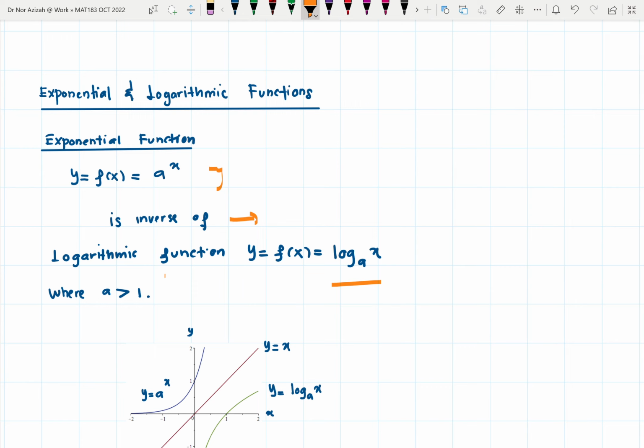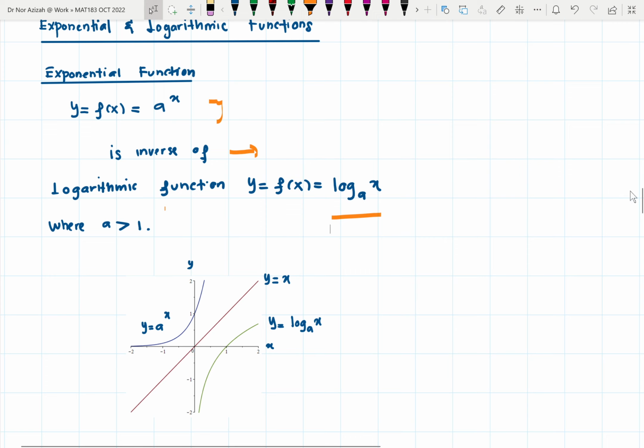So if you have y equals a^x, when x equals 0, you will get y equals a to the power of 0, right? A to the power of 0 is 1. When x equals 0, you will get y equals 1.